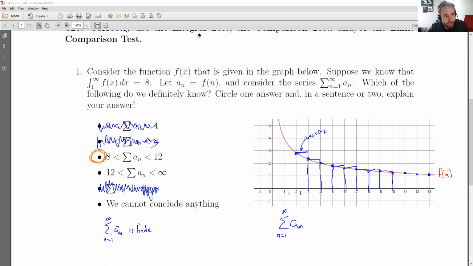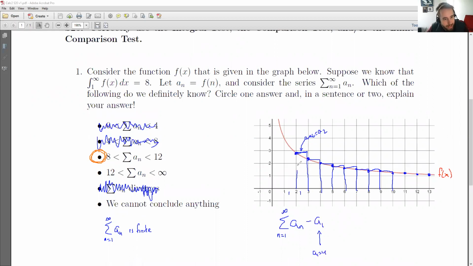Well, that's the equivalent of taking my full series and subtracting that first element, which was area 4. So I could write that as minus a sub 1, but I can keep in mind that a sub 1 is really equal to 4 here. So I'm subtracting that first term.